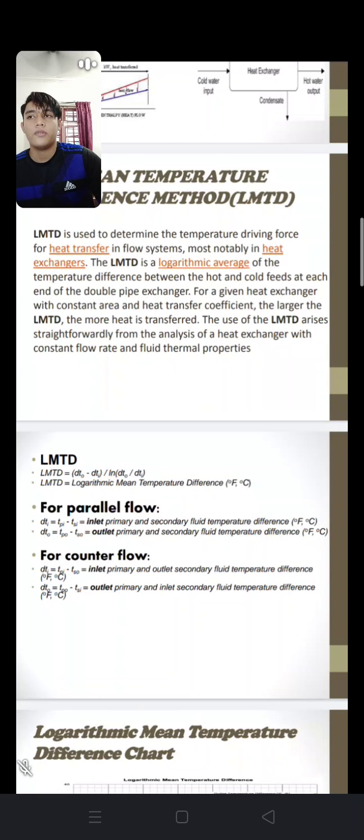Seterusnya untuk counter flow, formulanya ialah DTI sama dengan TPI tolak TSO sama dengan inlet primary and outlet secondary fluid temperature difference. Seterusnya DTO sama dengan TPO tolak TSI sama dengan outlet primary and inlet secondary temperature difference.